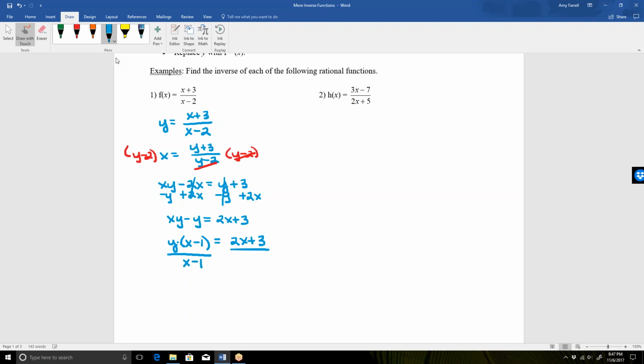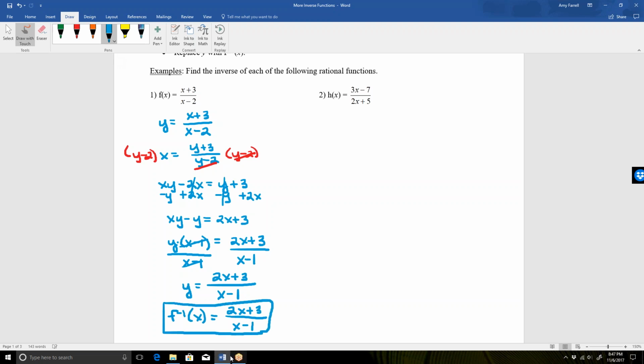Dividing by x minus 1 will isolate the y. So we have y equals 2x plus 3 over x minus 1, and that means f inverse of x, our inverse function, is 2x plus 3 over x minus 1. So the inverse of a rational function is a rational function.